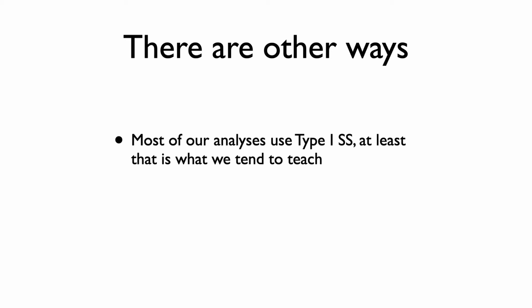Type 1 sums of squares are weird. Even though they're intuitively appealing, type 1 sums of squares that I've been showing you, sum of this minus this squared, divided by this, or not divided by, because it's sums of squares.